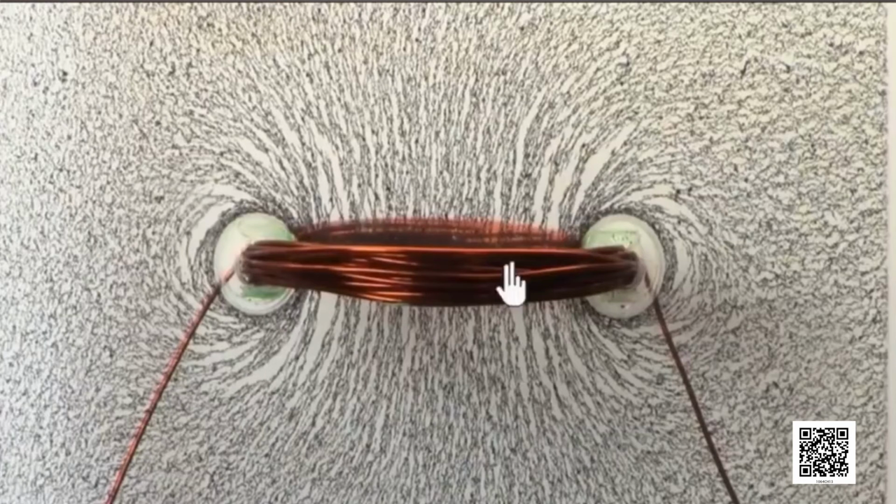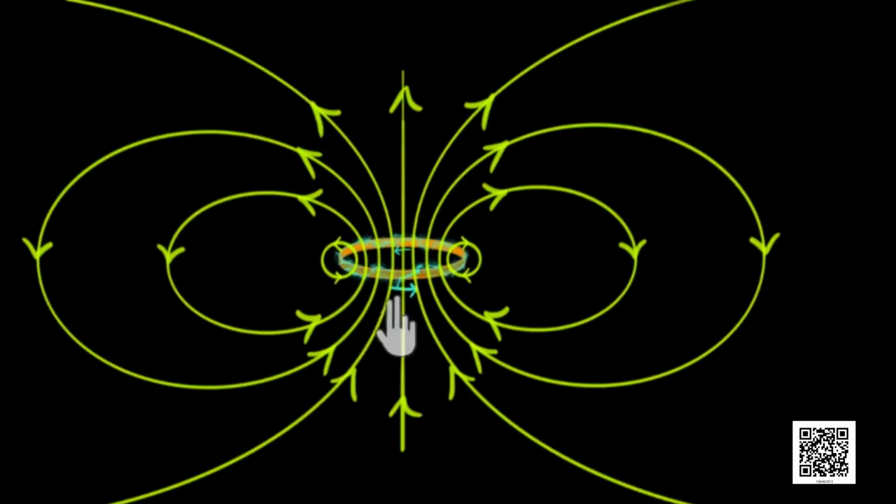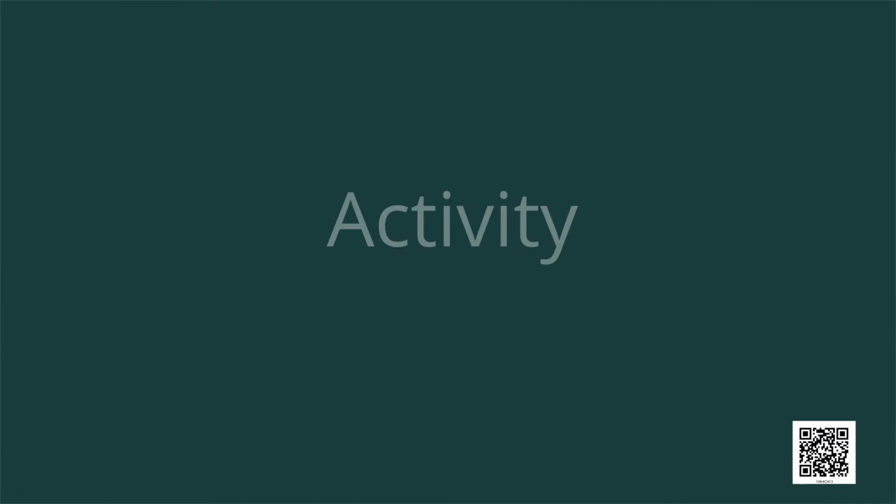By the time we reach the center of the circular loop, the arcs of these big circles would appear as straight lines, and every point on the wire carrying current would give rise to the magnetic field appearing as straight lines at the center of the loop. To understand this, let us perform one activity.